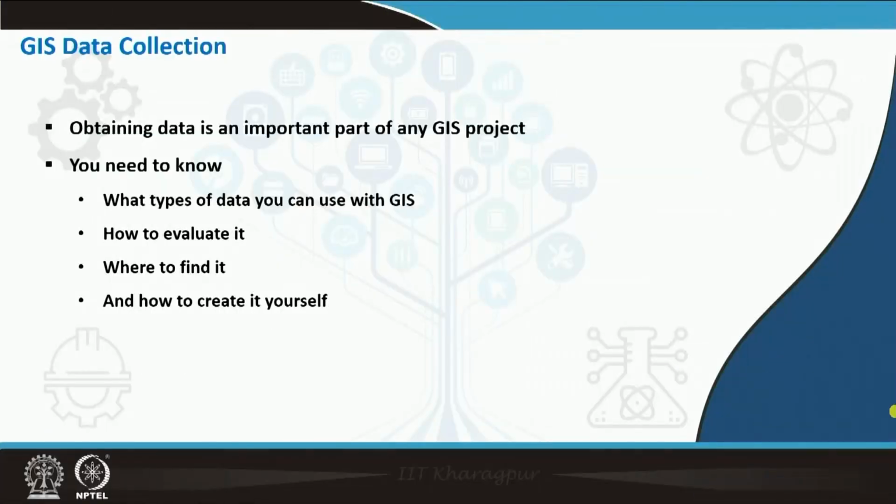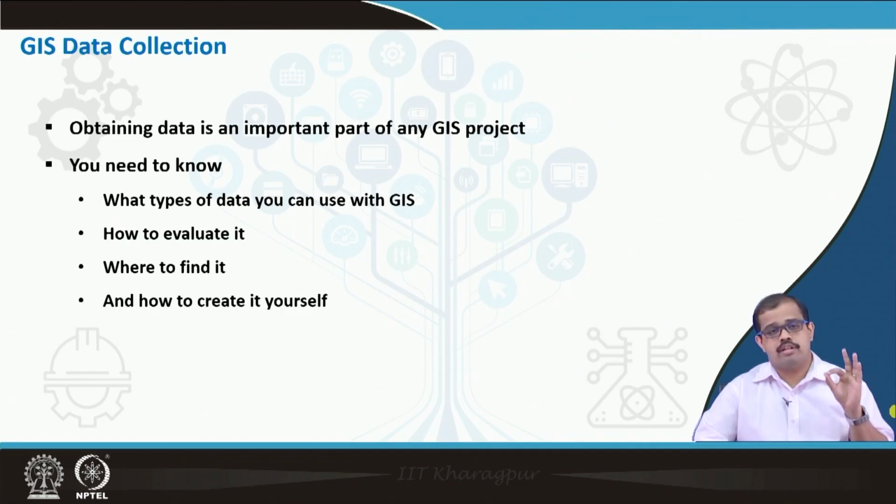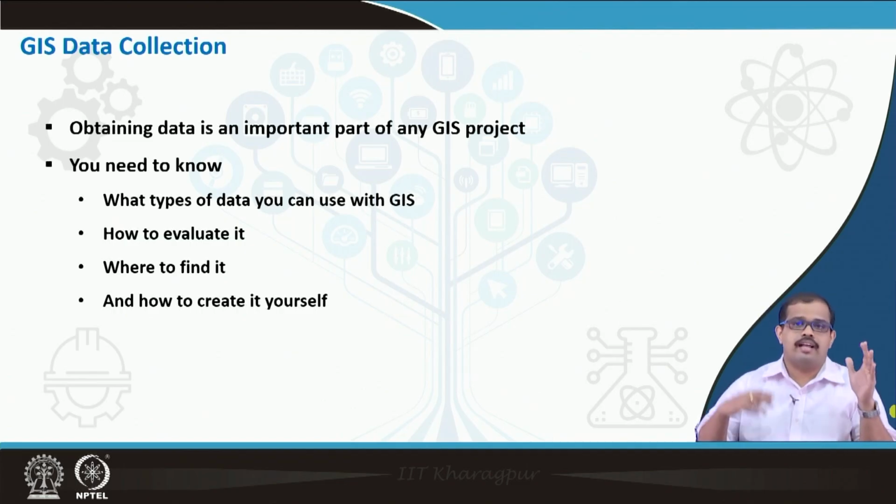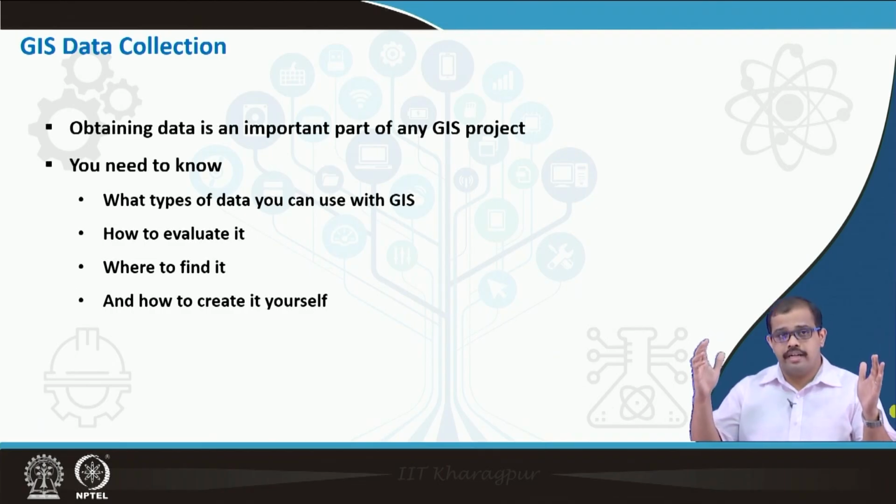When we look at GIS data collection, the most important part of any GIS project is data, the collection of data. If you ask any GIS user, they would say it's very difficult to get data.